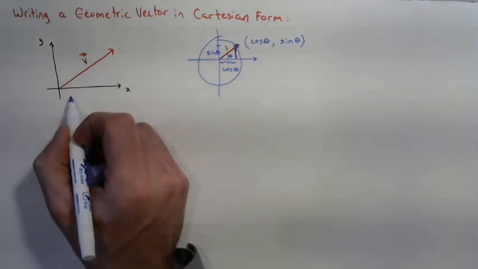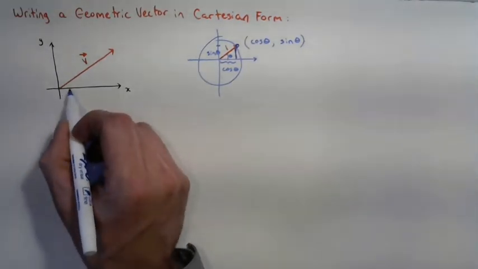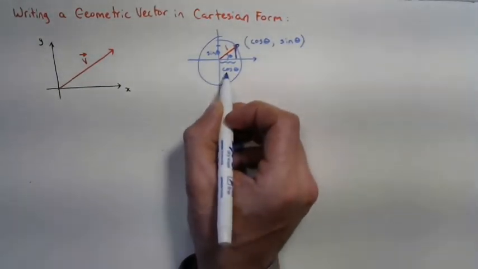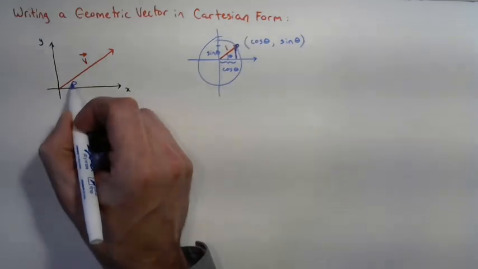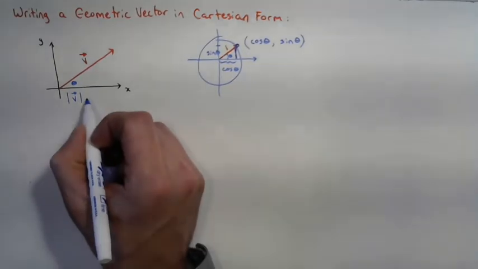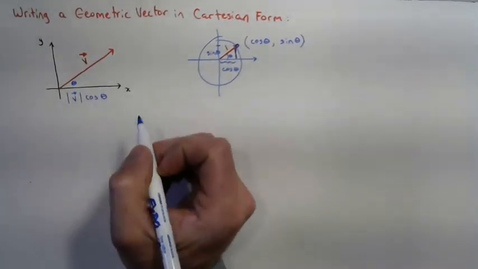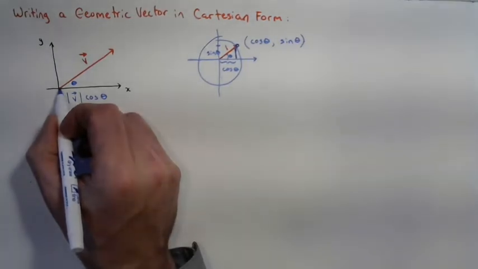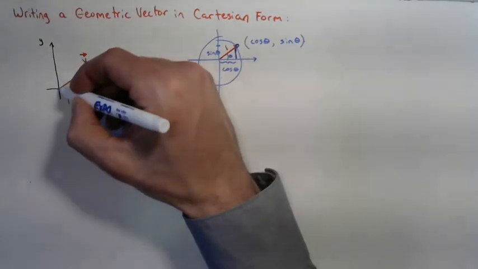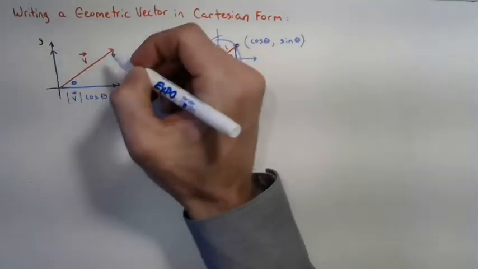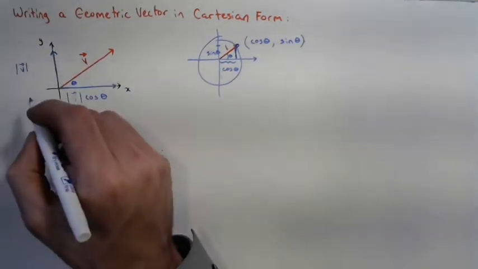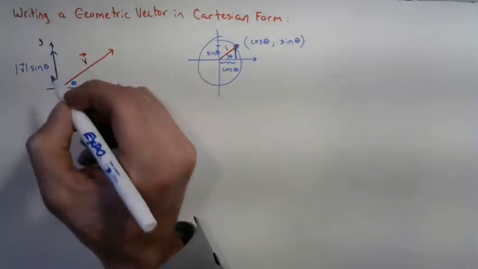So what does that mean? That means that down here, instead of just having the horizontal displacement represented by the cosine of angle theta, where this is angle theta, it's now going to be the magnitude of v times the cosine of theta. That is the horizontal component. Well, what's the vertical component? The vertical component, right here, is the magnitude of v times the sine of theta.